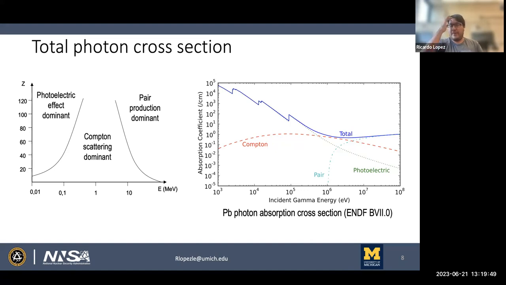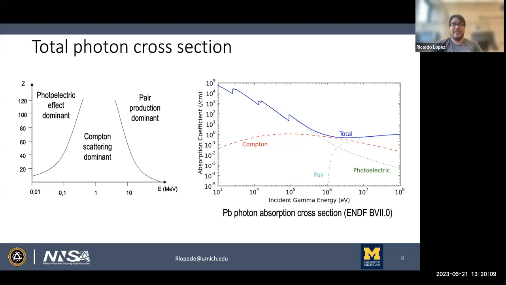And then finally, with pair production, you can very clearly see that it's for all intents and purposes non-existent prior to a certain threshold value. As we talked about yesterday, the threshold value is 1.022 MeV, which is twice the rest mass energy of an electron.